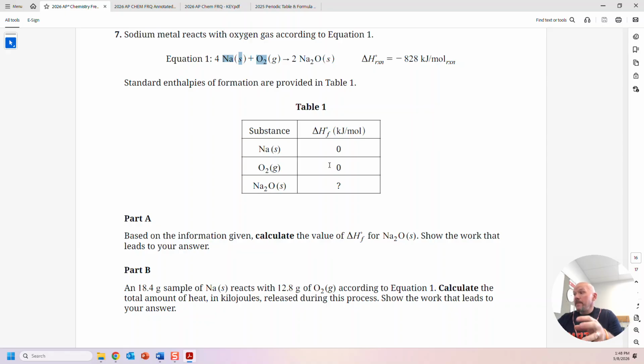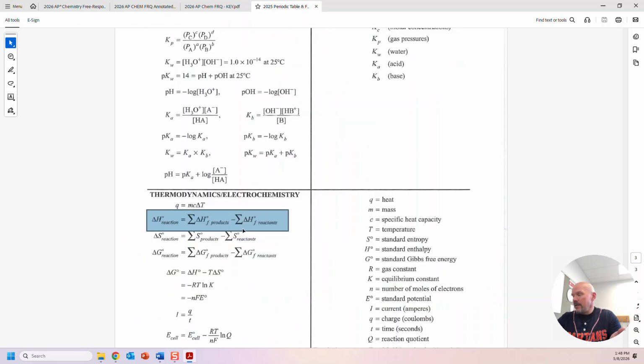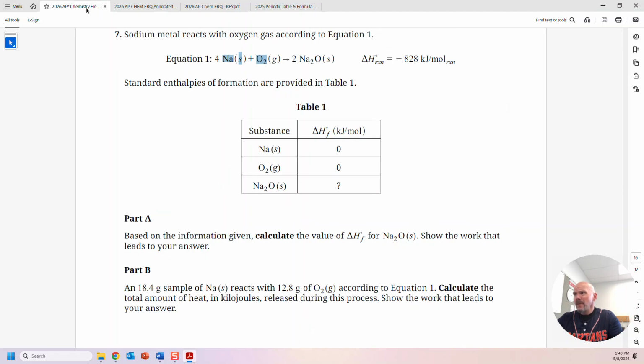But a quick way, and not that using this equation would be much slower, but if you were like, wait a minute, this is showing the formation of 2 moles of this compound from its elements. If I make it show 1 mole of the compound being produced from its elements, that's what delta H of formation is. It has to show the formation of 1 mole of a substance from its elemental components. And this is showing 2 moles, so all I really had to do is divide this by 2, right?